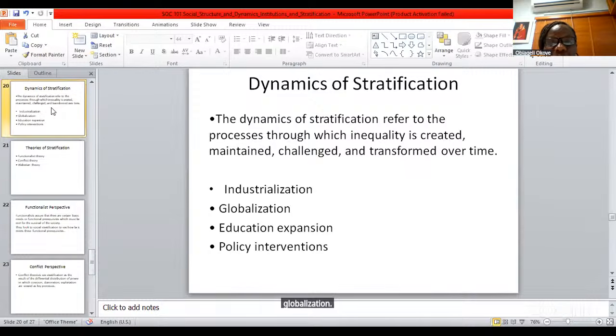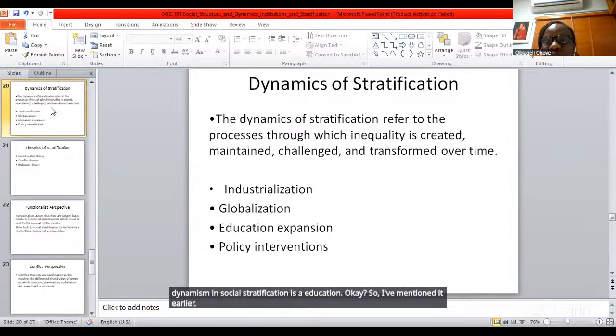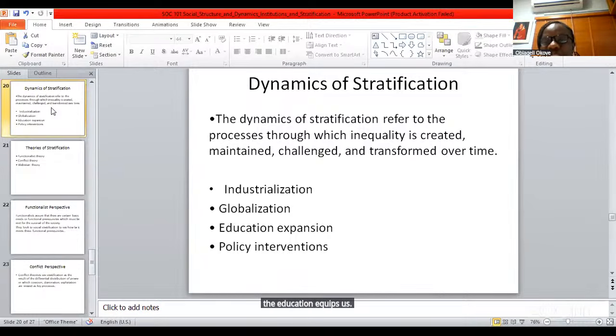Another process that helps to create dynamism in social stratification is education. I've mentioned earlier that education equips us and facilitates mobility from one social status to the other.